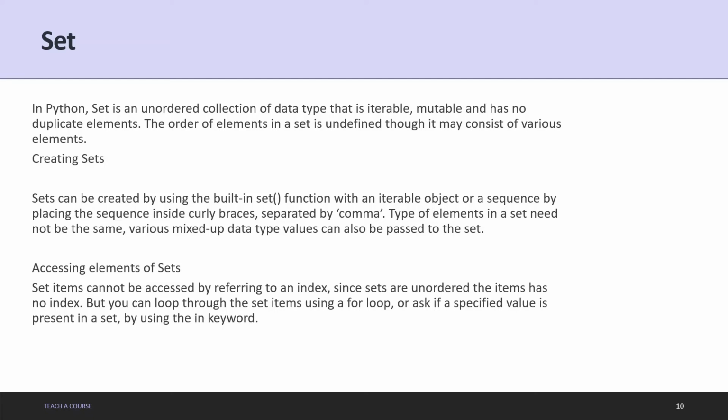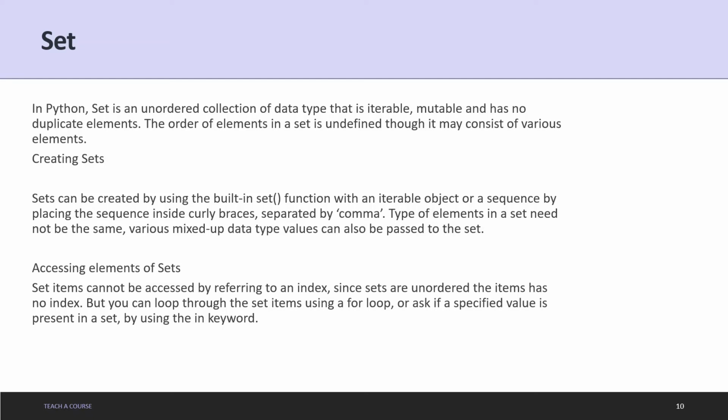So it's very important to understand what a set is. Set is an unordered collection. So far we have talked about list and tuple, and they are all ordered collections. But set is an unordered collection.